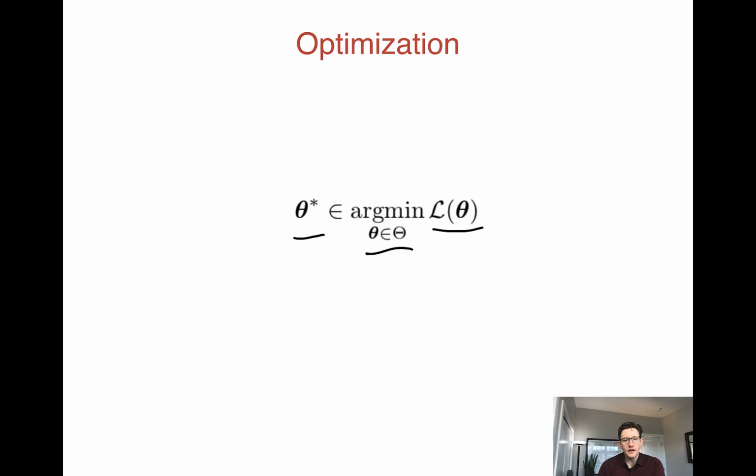So this is our goal, same goal we had in the last section, that is to find some minimizing parameters theta star. And by the way, one thing we mentioned briefly last time, but it's worth saying again, we're focusing on the negative log likelihood. Almost all of the methods we're going to show here work equally well if we have some other loss function, or objective function is another term that's used.